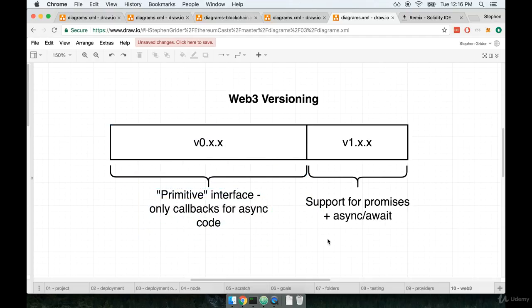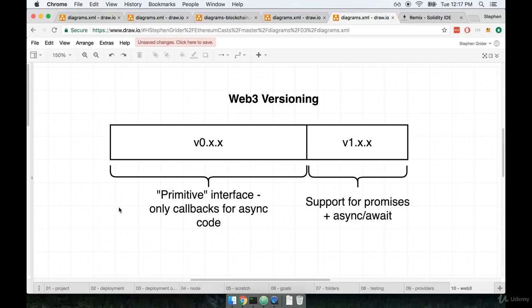This is a big deal because the API, or the way that we work with both these libraries, is significantly different. In particular, the earlier version of Web3 had a more primitive interface. It had support only for callback functions whenever we wanted to work with asynchronous calls. And with Web3, just about everything we do is asynchronous in nature.